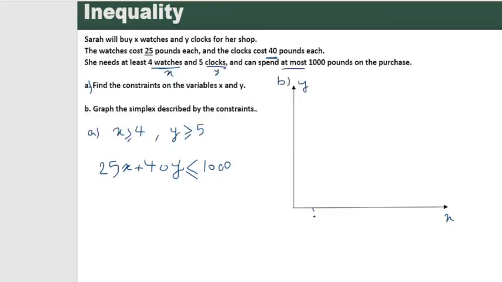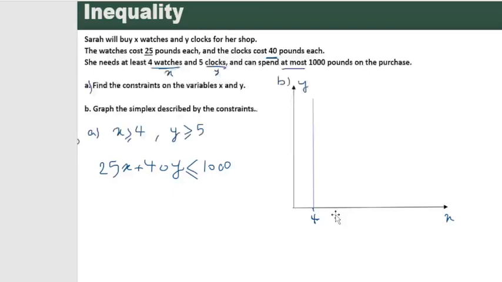So I mark 4 here and draw a line, which shows that x would be more than 4 in this region. This is the region I accept for x.